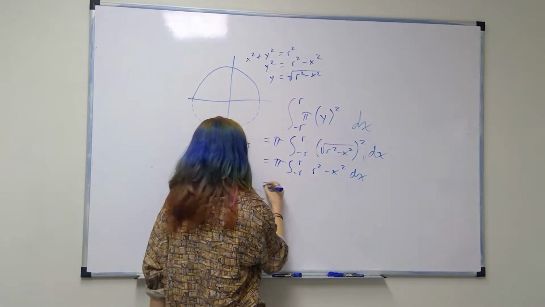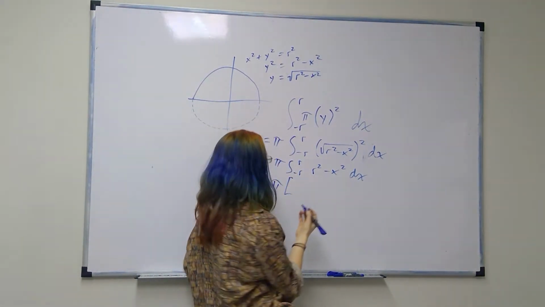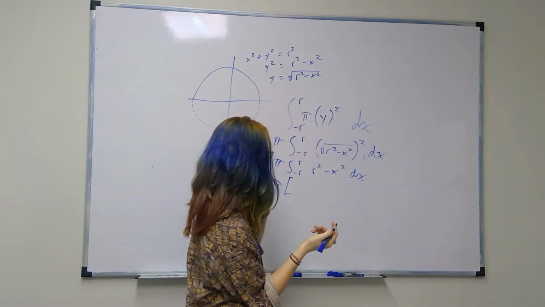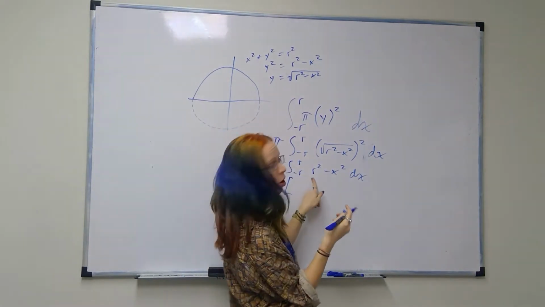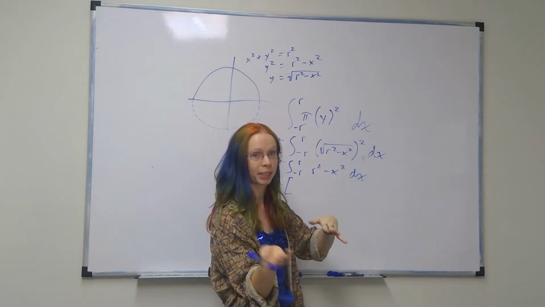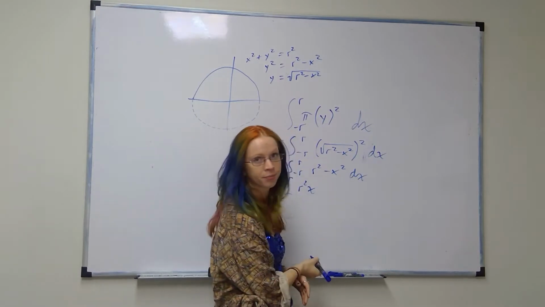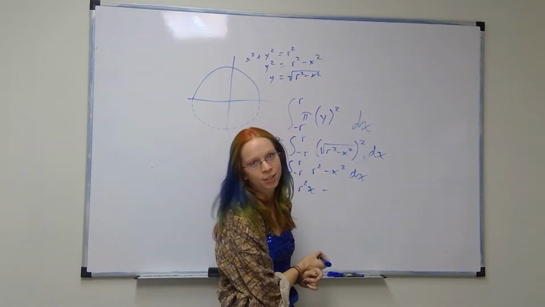All right. Now, that pi is still going to chill for a while. And I'm going to take the antiderivative. So r squared is a constant. So the antiderivative with respect to x is r squared x. That negative chills.